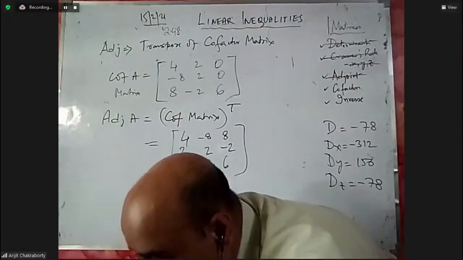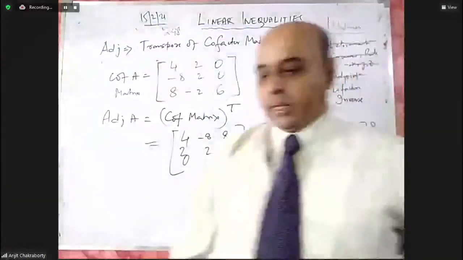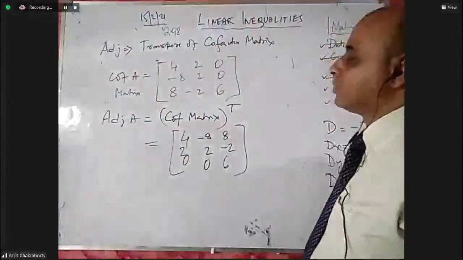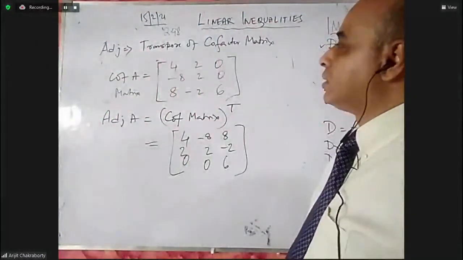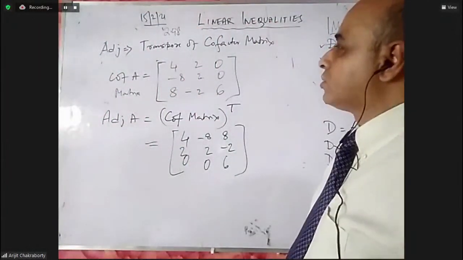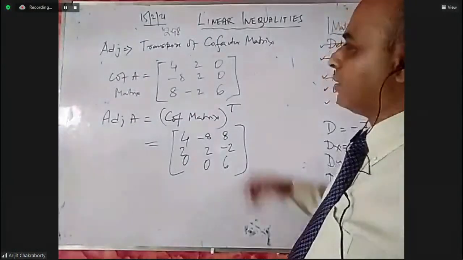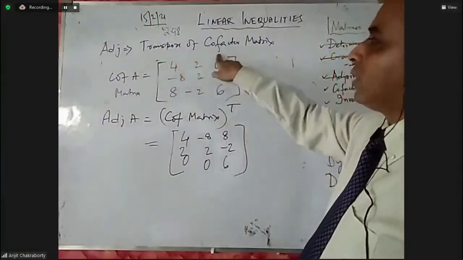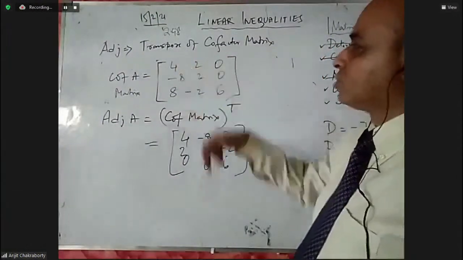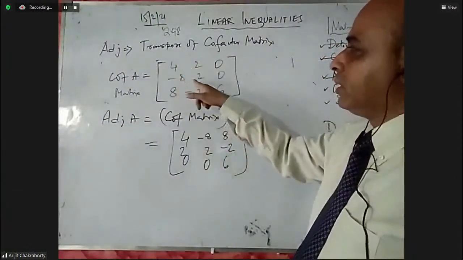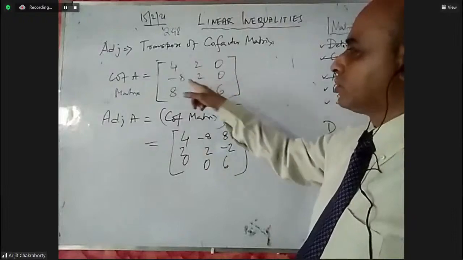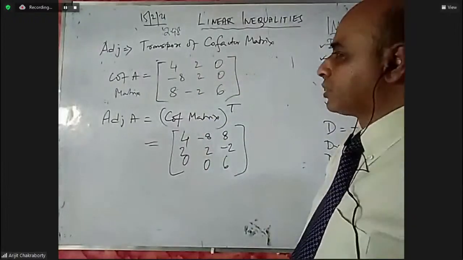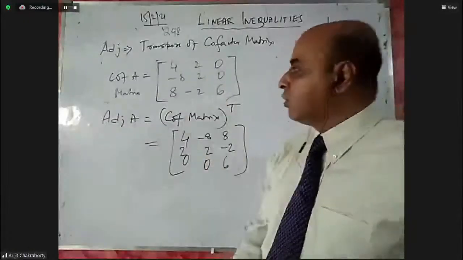The way in which we do it, in this way we have taken up A11, A12, A13. So we got 4, 2, 0, and then we got minus 8, 2, 0. Of course, you can put in the values and see how we get it.